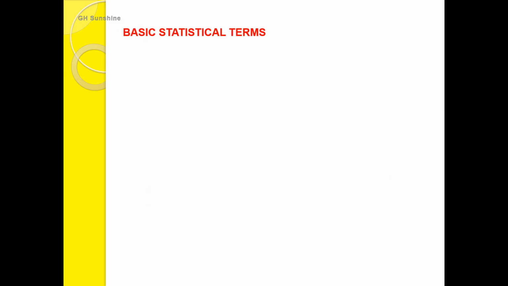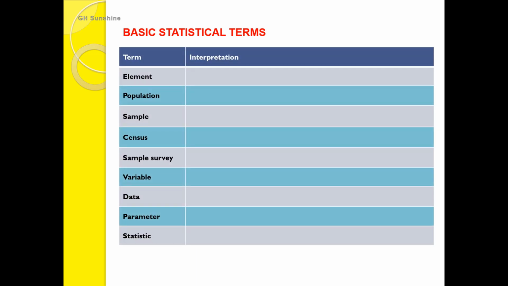So next, basic statistical terms. So this is the list of the terms that you have to know under statistics. So first is element. Element means an object on which measurement is taken. So element is also known as experimental unit.